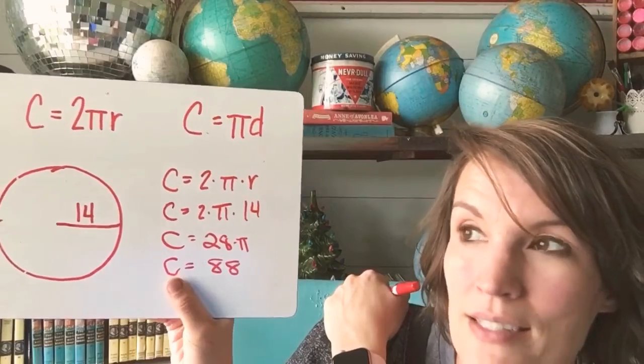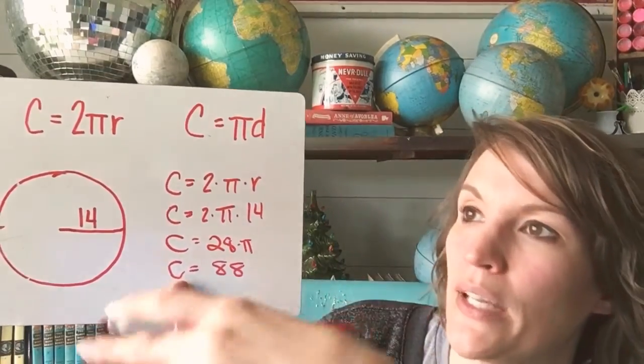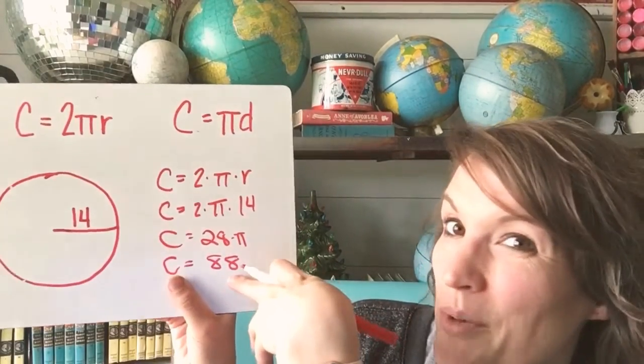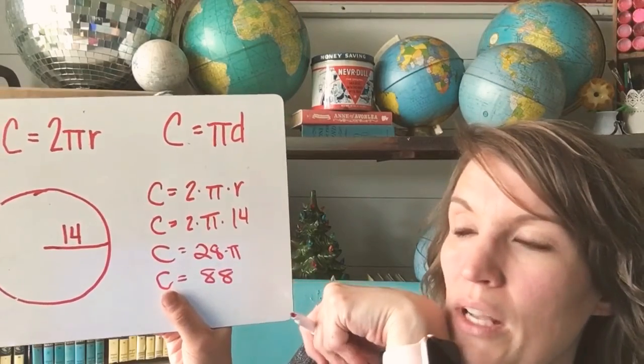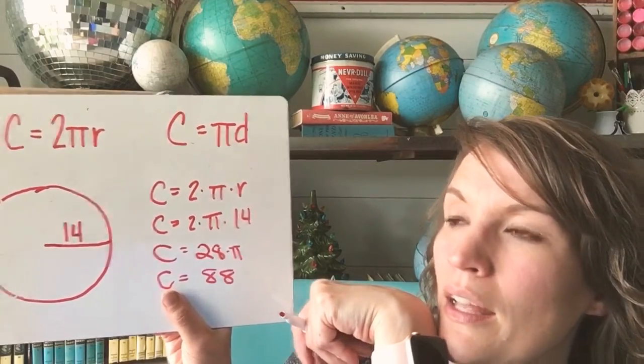Now, if you get something similar like 87 point something, I give a little bit of wiggle room when we're dealing with pi and rounding. In fact, let's take a moment. I'm going to tell you to round to the nearest tenth. Let's say the answer is 62.37.